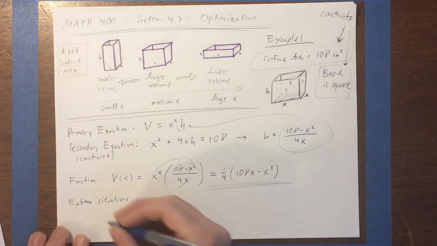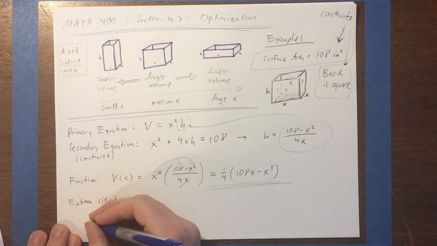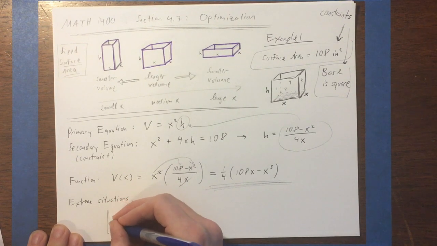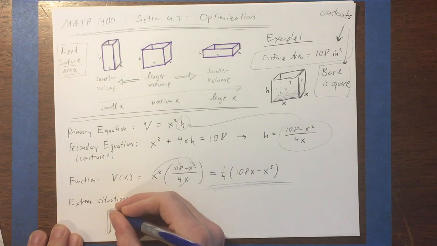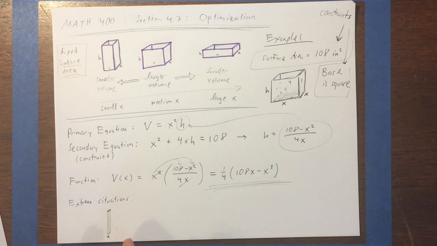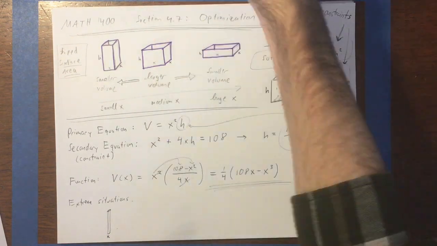So on the one end, we could have a very, very small x value, which I'm going to try my best to draw, an open box with an extremely small x value. You barely even see that. So x would be really little, right? No matter how small you make x, you can make your height bigger and bigger and bigger.